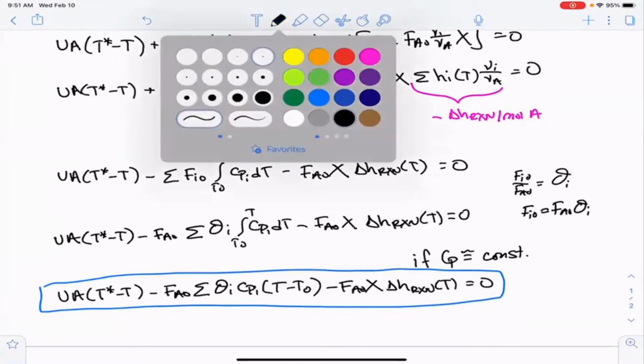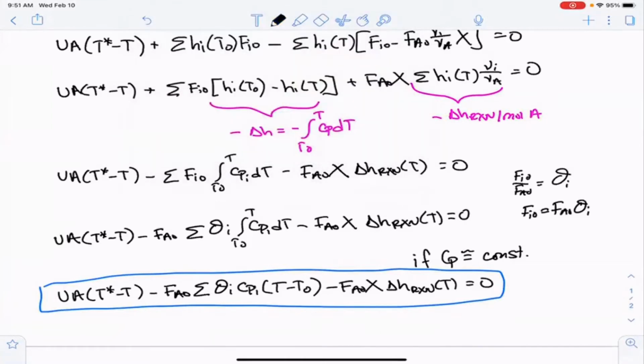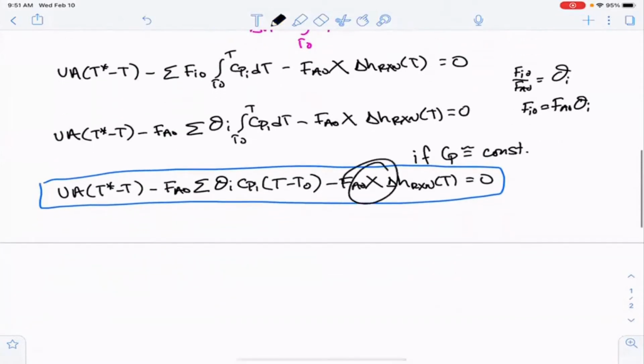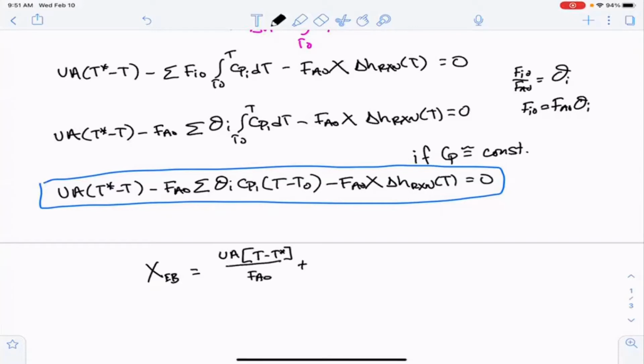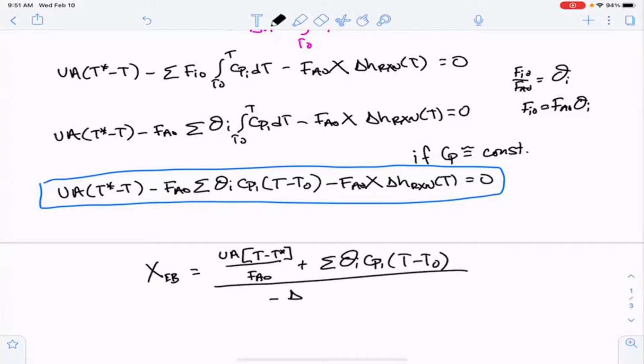However, if you study your book, they actually solve explicitly for the conversion. So they use this to calculate the conversion predicted from the energy balance, which they call X_EB, equal to UA times (T minus T star), where T star is the jacket temperature, over FA0 plus the sum of theta_i Cp_i times (T minus the initial temperature), divided by minus delta H of reaction at the final temperature.